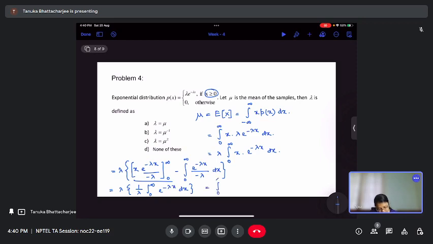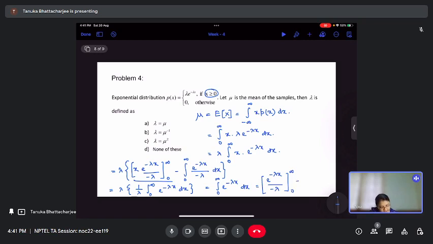If we do this integration, it becomes e to the power minus lambda x by minus lambda, and the limit will be from 0 to infinity.